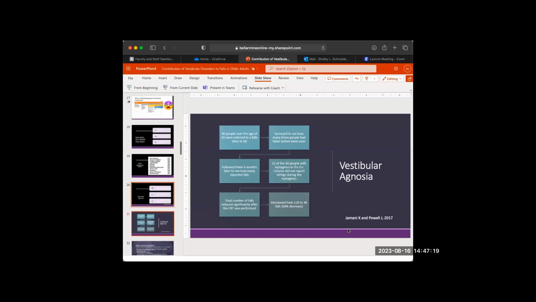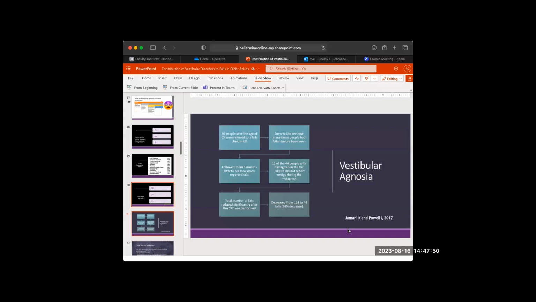In the UK, 40 people over the age of 65 were referred to a falls clinic, and they were looked at to see how many times they were falling per year. Six months later, they looked at how many falls they were having per year. They were tested for BPPV. 12 of the 40 people with nystagmus in the Dix-Hallpike did not report vertigo.